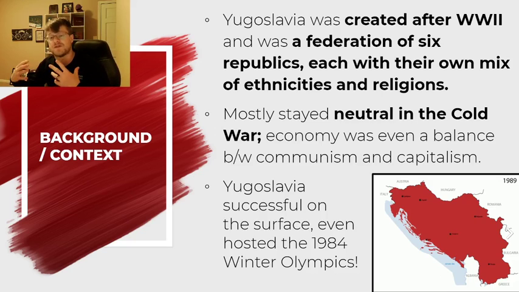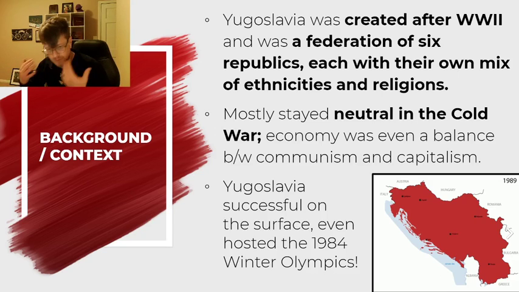It's a federation of 6 republics, and each one of those republics has distinctive ethnicities and religions, anything from Slovaks to Croats to Serbians, Bosnians, Christians, Orthodox Christians, Muslims. There's a huge mix of people, and just keep that in the back of your mind because that's going to become relevant here real shortly.